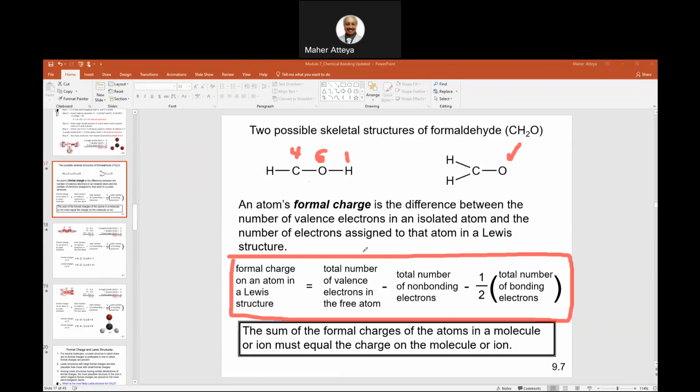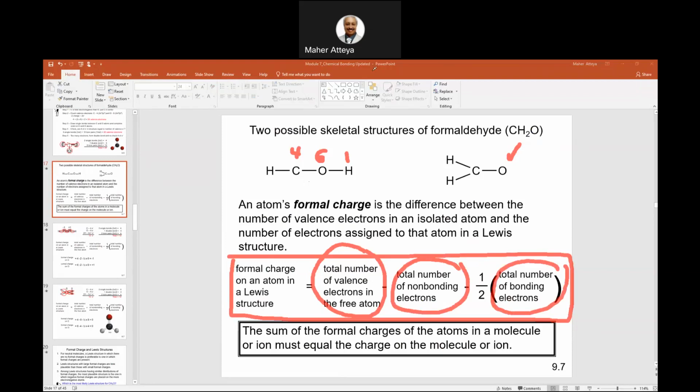So the total of each atom by itself, minus the total number of non-bonding electrons, minus the total number of bonding electrons, correct? And then I'll show you a shortcut out of this. You will learn it very, very quick. So this is the formula: the total minus the total of non-bonding minus half of the bonding.